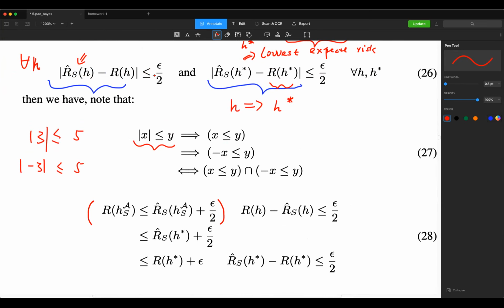Because this is true, we know the absolute value of RH minus that is less than 2, and we know this is true, and this is true. All we're doing is substituting a particular H, which is the empirical risk minimizer. That's also going to be true.